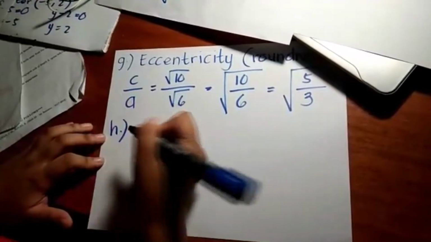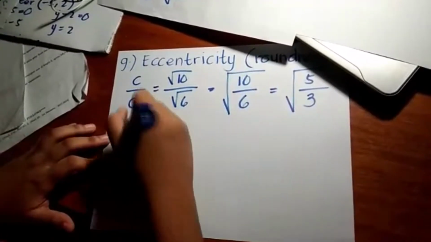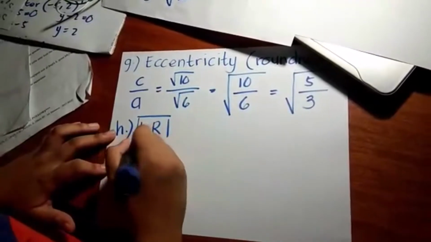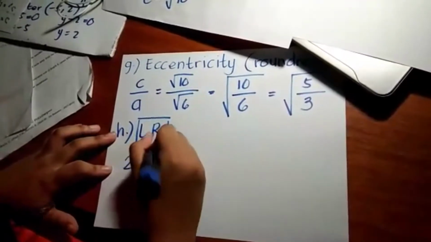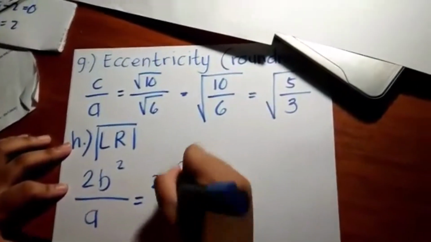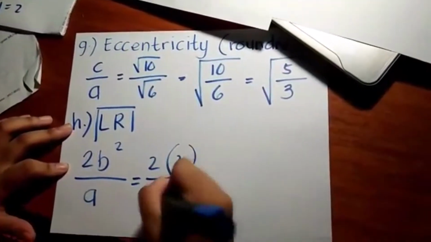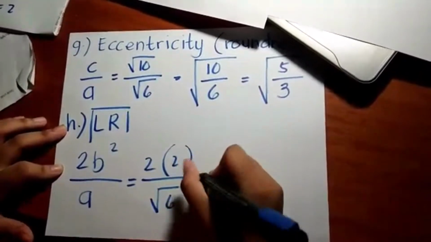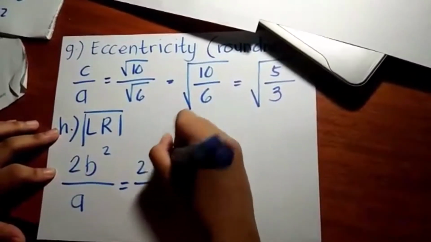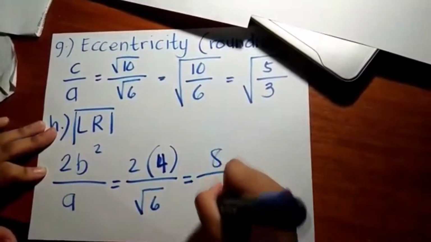Next would be the length of the lateral recta, and our formula would be 2b squared over a, where our b squared is 4 and our a is square root of 6. So it's 8 over square root of 6.